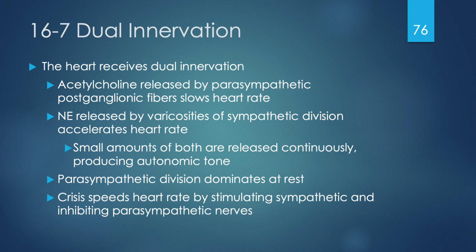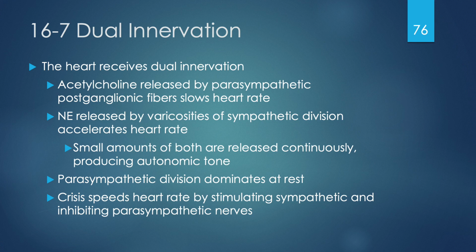So we have these two things happening at once. And in this case, both of these two different substances, norepinephrine and acetylcholine, are constantly being released. And so these continuous releases of both norepinephrine and acetylcholine by the parasympathetic and sympathetic divisions of the autonomic nervous system will produce autonomic tone.